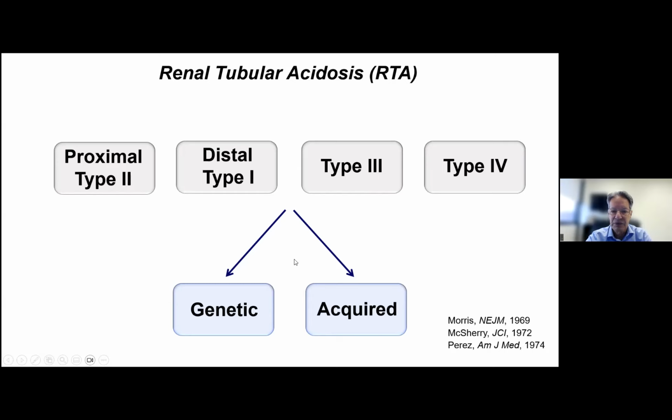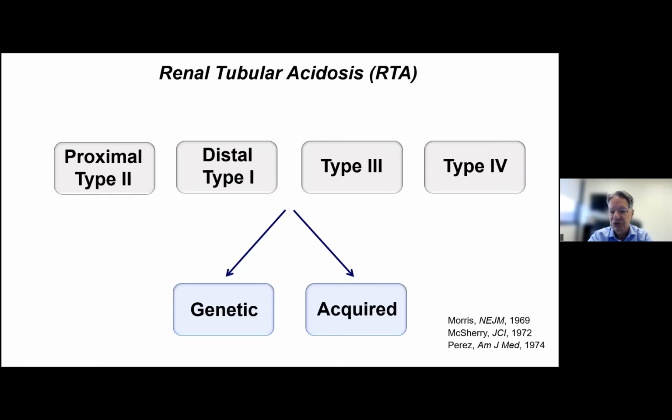And as with most things in medicine and nephrology, they can be divided up into genetic and acquired causes. So I'm going to focus a lot today on transport in the nephron of protons and bicarbonate with respect to the pathophysiology of the RTAs.